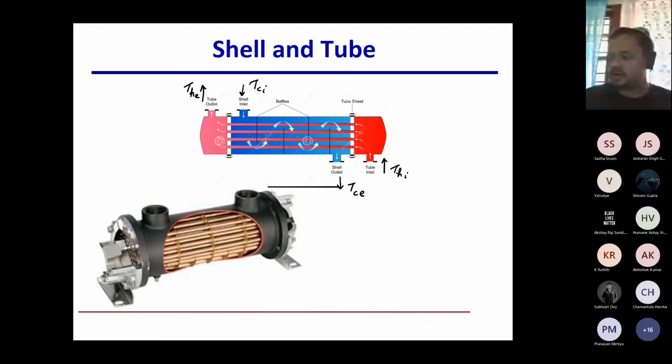It could not go directly like this. It was not possible. So what it has to do is go like this, and then come out. Right? So the baffles make the path more tortuous and increase the residence time. Okay.